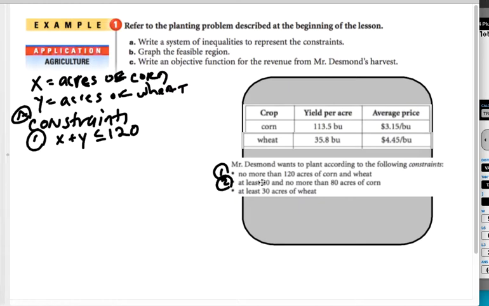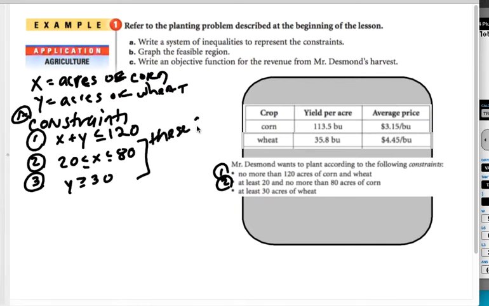Second thing, at least 20 and no more than 80 acres of corn. Well, that's going to be a compound inequality. That's going to say that corn, which was my X, is as low as 20 and as high as 80, right? And then at least 30 acres of wheat. So that's going to say that my wheat, which is my Y, has to be greater than or equal to 30.